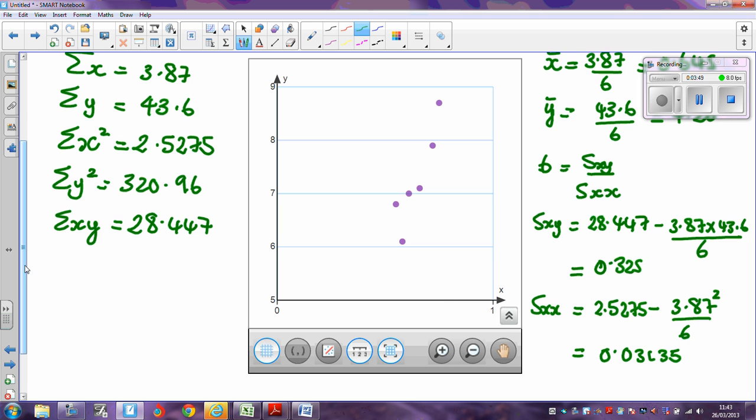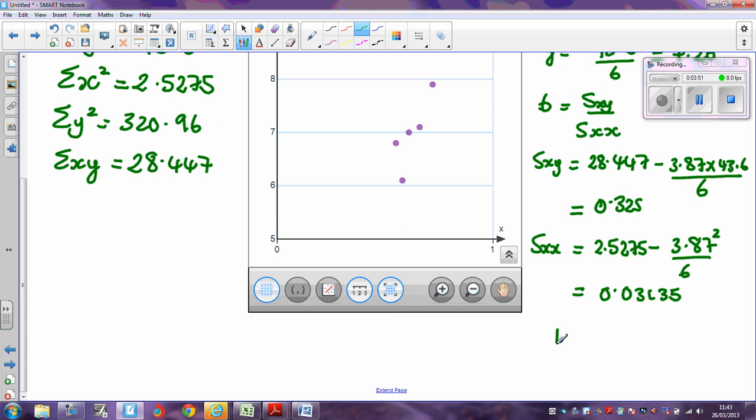Which means that b, which is sxy over sxx, is 0.325 divided by 0.03135. b then is 10.36 or thereabouts. I'll round it later.